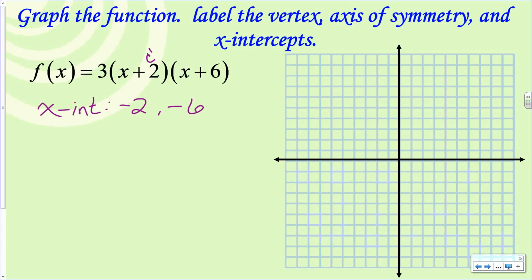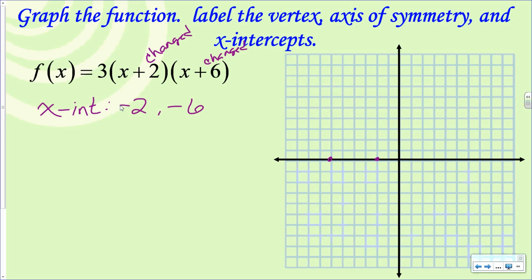These are all changed. Yes, good. When they're inside the parentheses, they change. Okay? So my x-intercepts are at -2 and -6.